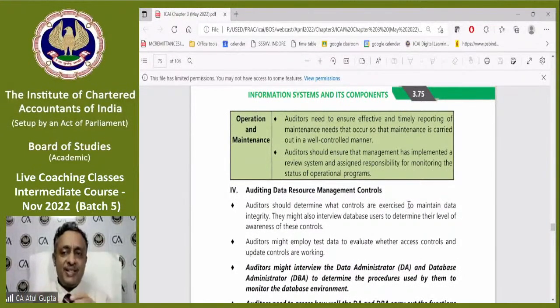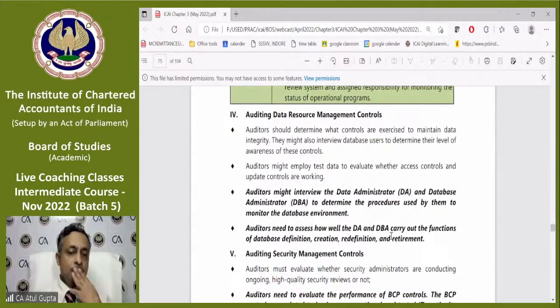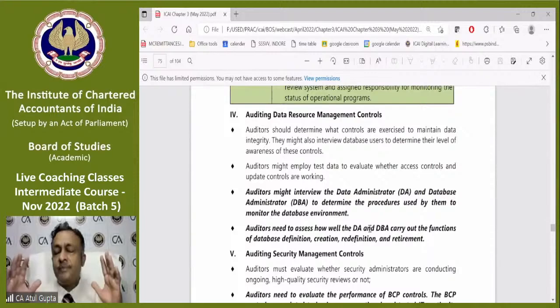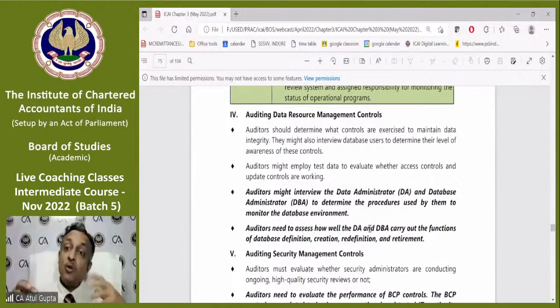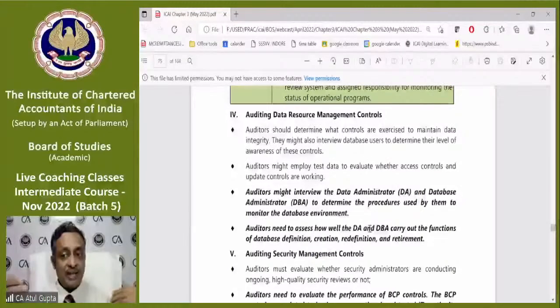So database is a critical resource. We'll be talking more on this right now. So how to audit that? Auditors should determine this also. Please understand, database is one of the most critical resources today. So all controls that exist on database, like we talked about inference control, I tried to give an example.